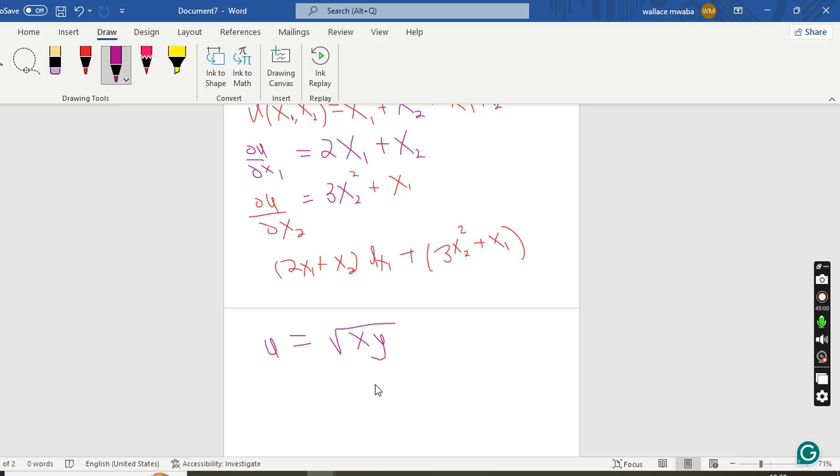I see sometimes they like to bring roots here, so I need you to know what to do when you see these roots. If it asks, get the total differential for this one, how would we do this, colleagues?